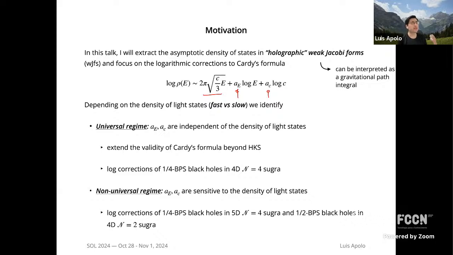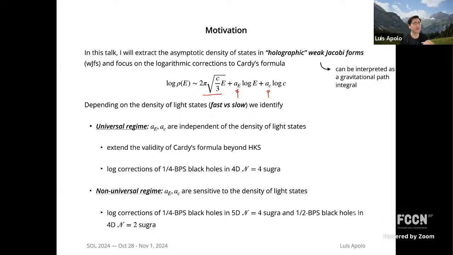And it turns out that the answer depends on the sparseness condition I impose on the light states. So very soon I'm going to distinguish between two kinds of densities for these light states, fast versus slow, that I will define shortly. And then we'll find that there's a universal regime in which these coefficients that determine the log corrections to the entropy are independent of the details of the light states.